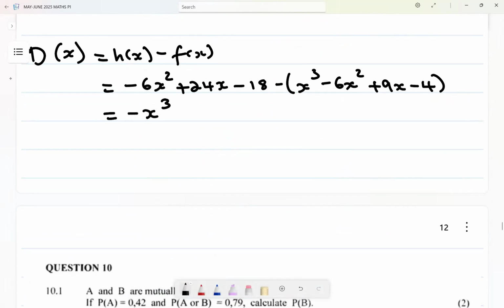And then negative 6x squared plus 6x squared. Can you see? Negative plus positive will cancel off. And then 24 minus, because negative by positive is minus, so 24 minus 9 is 15, guys.